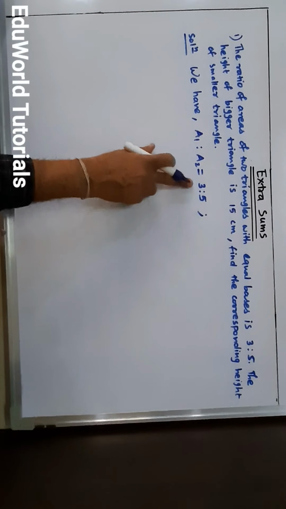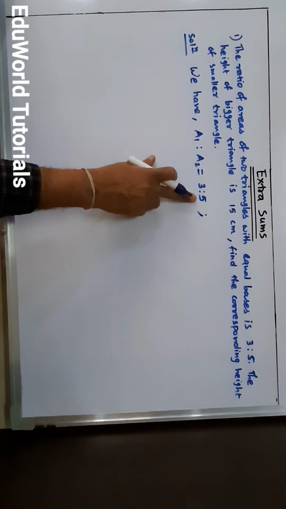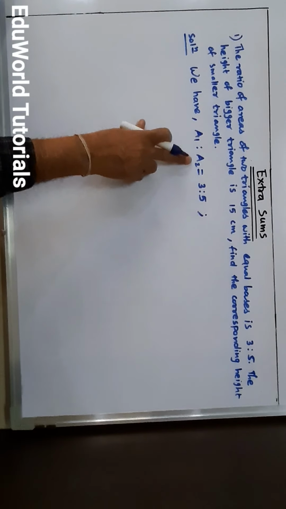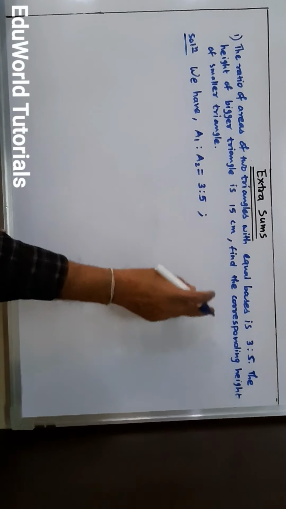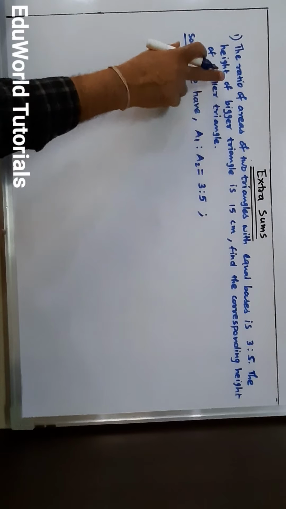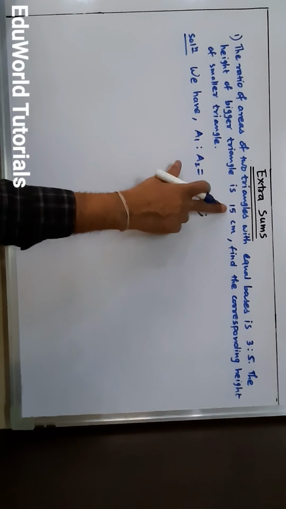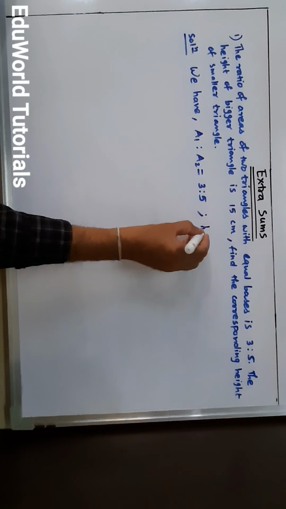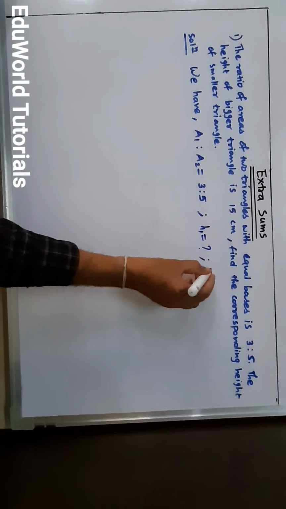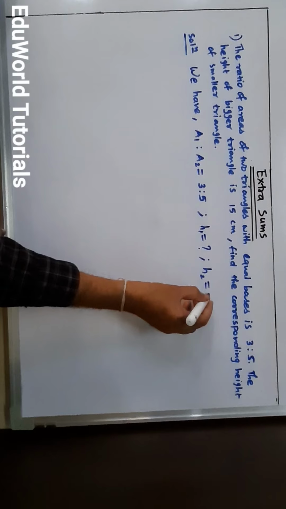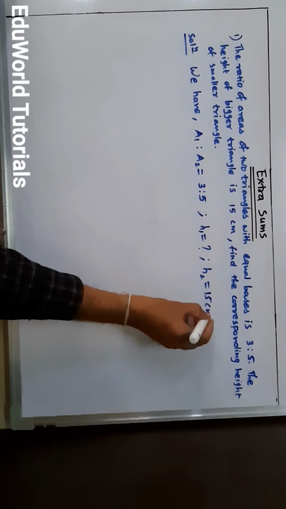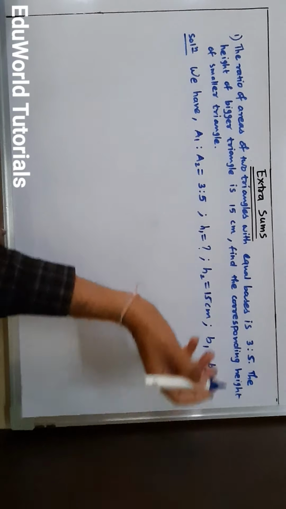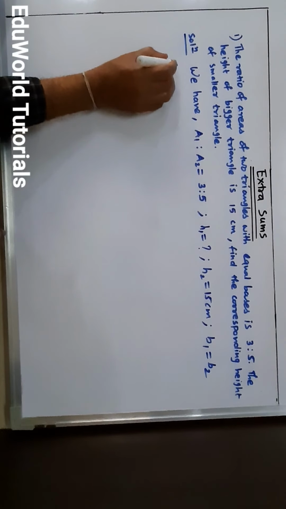See the numbers of the ratio, 3:5. 5 is the bigger number, so A2 must be the bigger triangle. If A2 is the bigger triangle, then H2 will be the height of the bigger triangle. So the height of the bigger triangle is 15 centimeters, which is H2. H1 we have to find. H1 is a question mark. We are given H2 equal to 15 centimeters, and we also have B1 equal to B2. Understand?